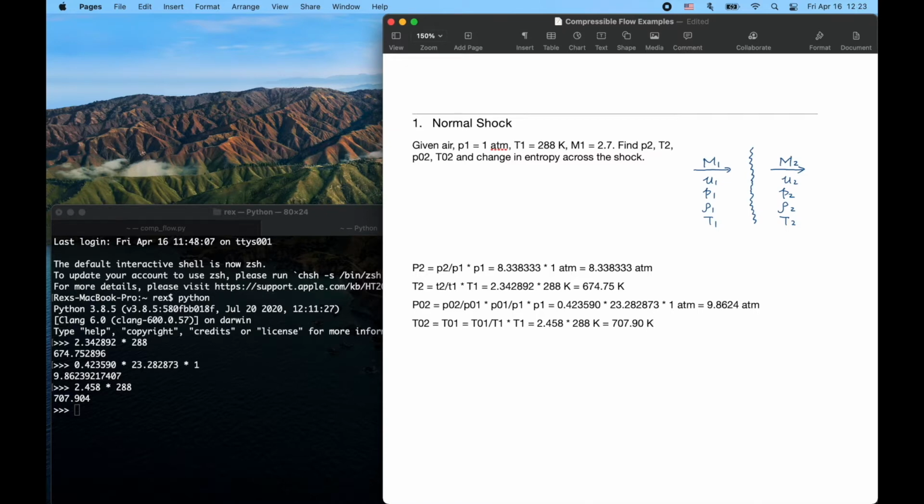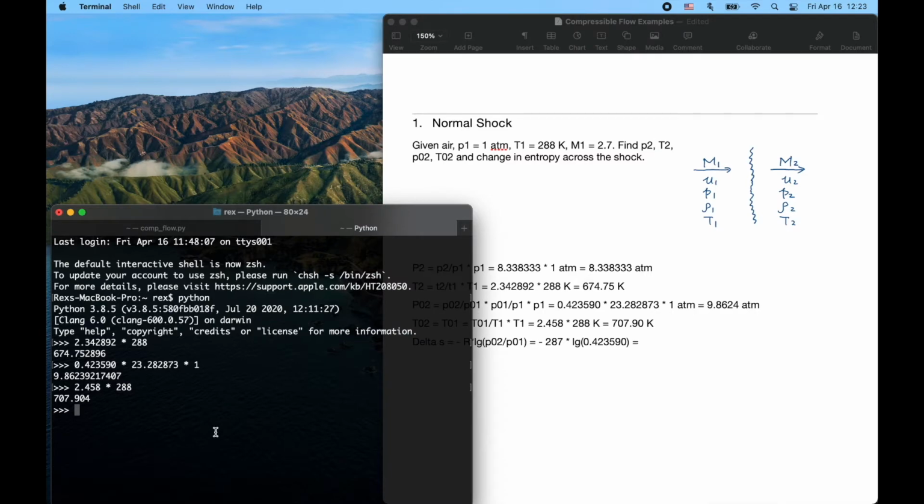All right, the last one is delta entropy. This equals negative R times log PO2 over PO1. And this is simply negative 287 times log this number here.